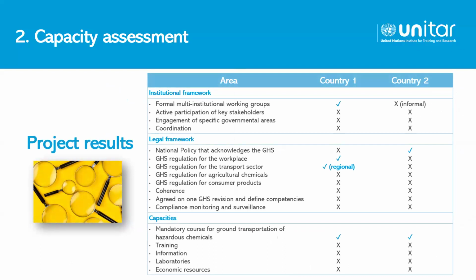Regarding institutional framework, we analyzed if they had a multi-institutional working group in place or not. One of the countries had a formal group, and the other one had a more informal one, let's say. But in those two cases, the participation was not so active. So even if you already have a GHS subcommittee that was created, sometimes it doesn't have active participation, or the key governmental areas are not included.